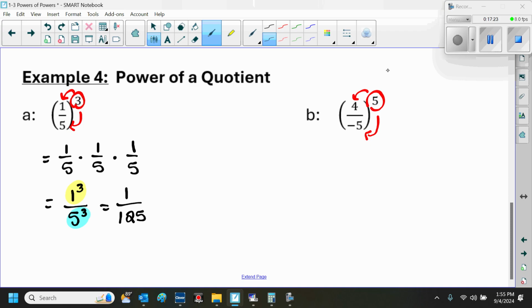So going back to example B, we are writing 4 to the 5th over, now this is a -5 in parentheses, because there's parentheses right there. So this says -5 to the 5th power. Okay, so the exponent gets applied to the numerator and the denominator, and now we can simplify.